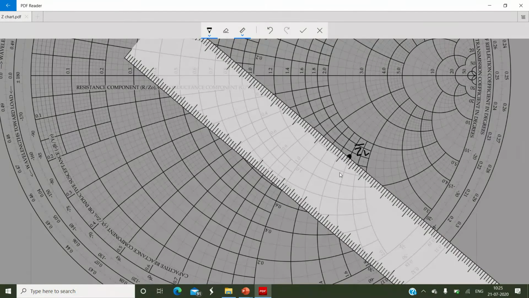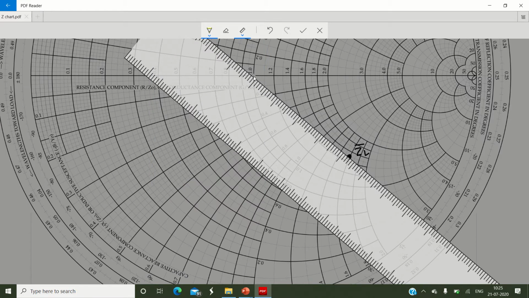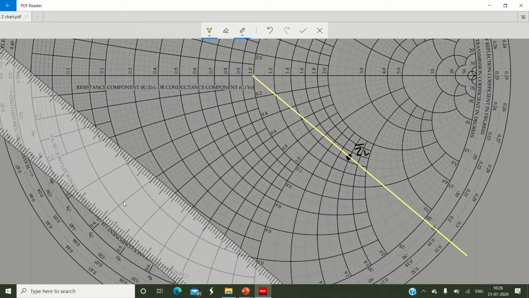Join the center of the Smith chart with this plotted value of load impedance, and extend the straight line straight away to the external periphery of the Smith chart, till it intersects across the Smith chart over here. Okay, so I will choose a different color. I will choose the yellow color. So I will join the center of the Smith chart with the plotted impedance and extend this straight line so that it will cross the periphery. Okay, I will remove the scale now.